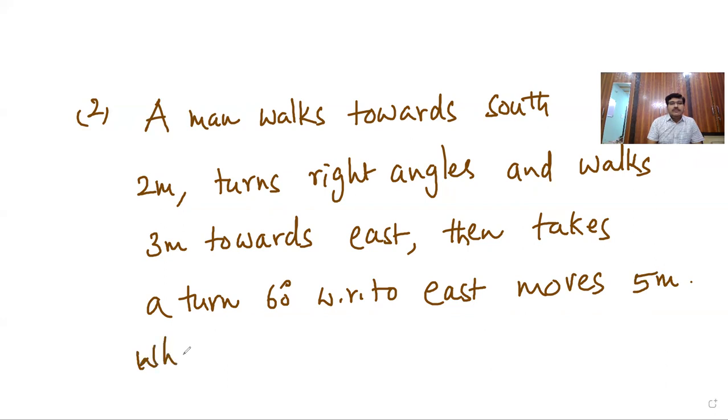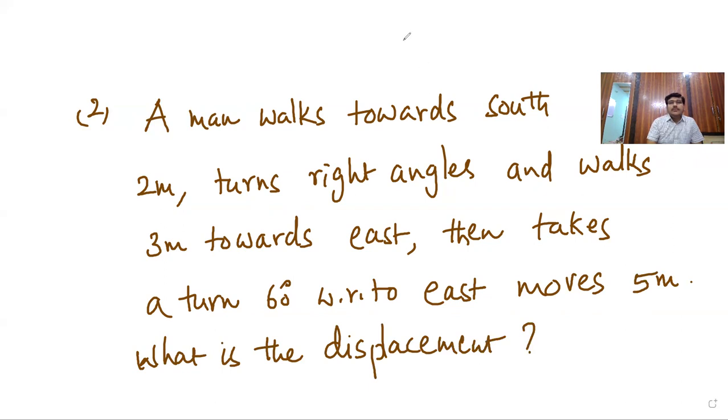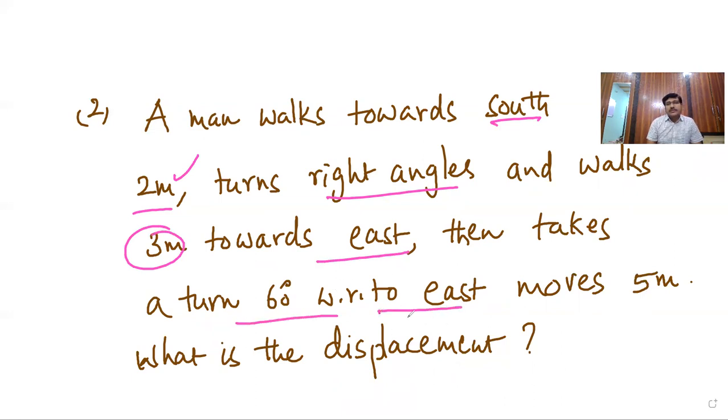What is the displacement? So what is being asked? South, moving 2 meters. Then taking a right angle, walking 3 meters towards east. Then again taking that 60 degrees turn with respect to east. Be careful, with respect to east, moves 5 meters. What is the displacement?